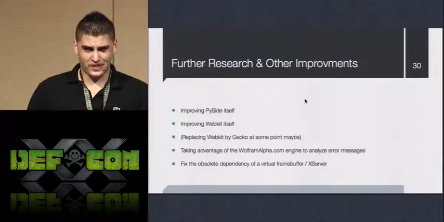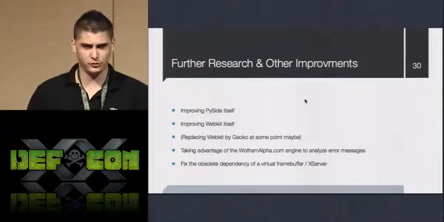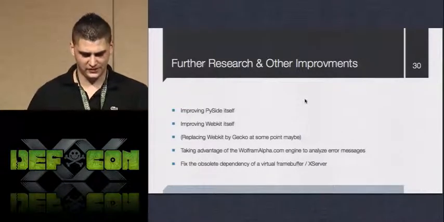I'm not sure when the last Gecko exploit was released, or when the last Gecko vulnerability was reported, but there are not a lot of them out there, at least not public ones, so it's actually a good sign.